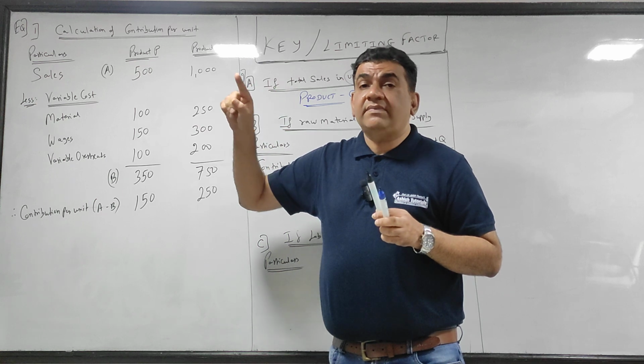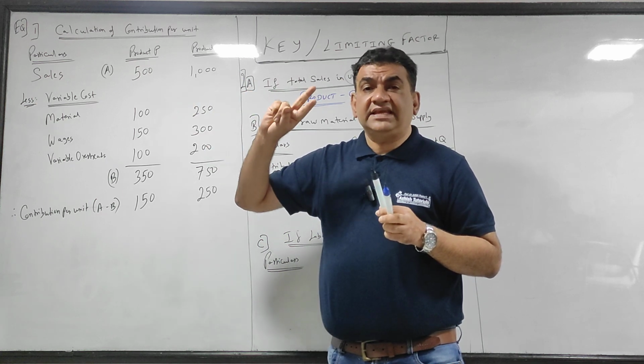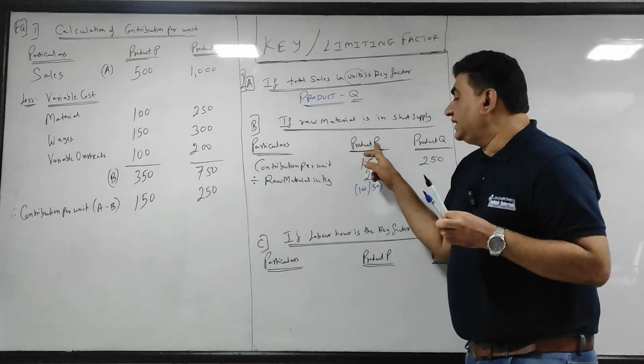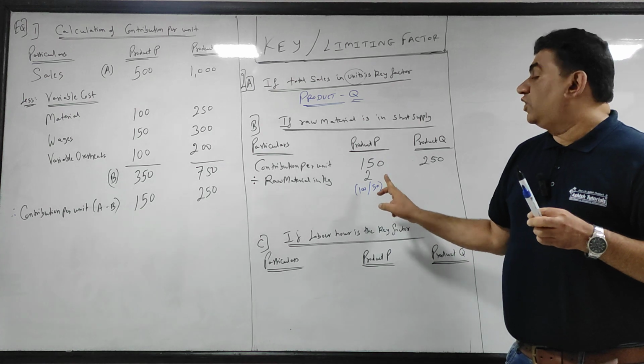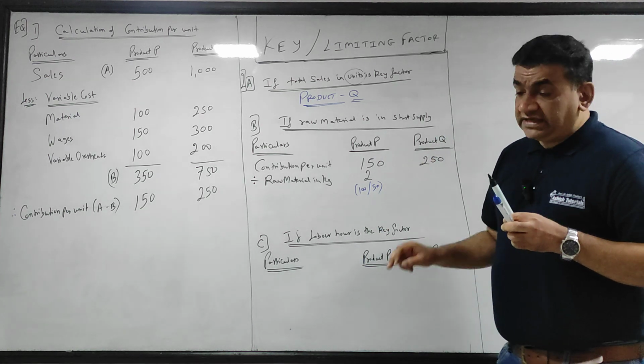Material you are getting in the market at 50 per kg. I paid 100 rupees, that means I bought 2 kg. So to manufacture one unit of P, I need 2 kg of raw materials. Getting it? Now, same way Q.